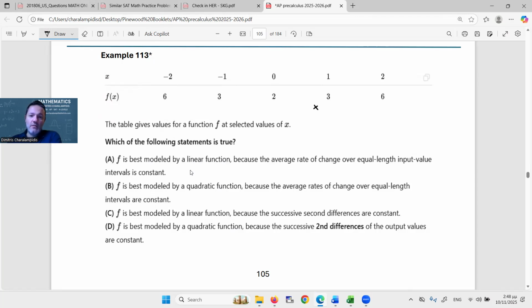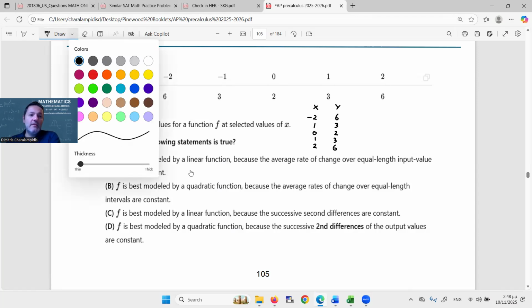Let me do them vertically in case this helps some of you. -2, -1, 0, 1, 2. It's always important to double check whether the x input intervals are of the same length. They are. From -2 to -1 is one unit, then another unit, another, and another. And the y values are 6, 3, 2, 3, and 6.